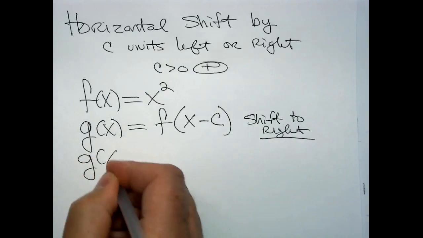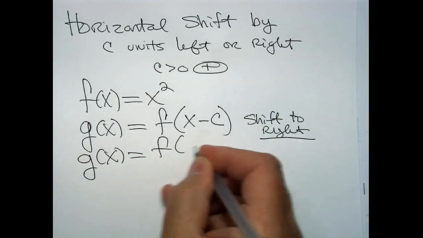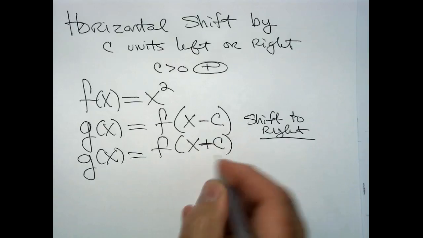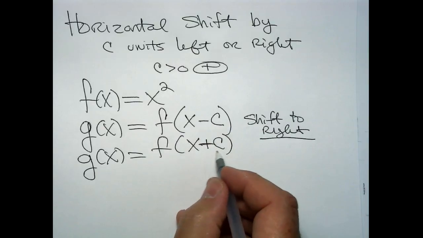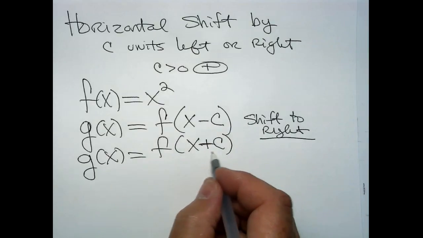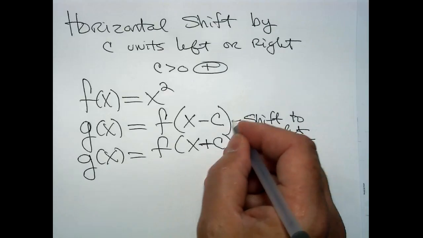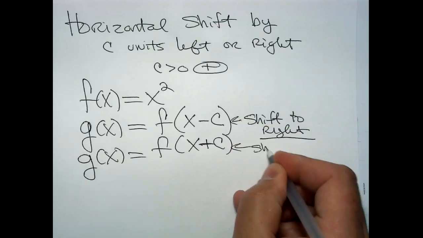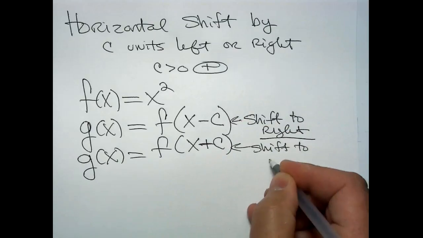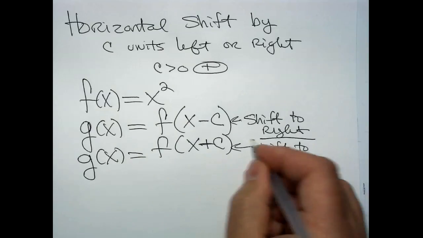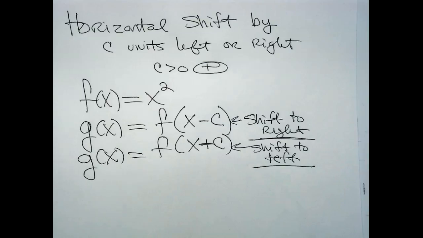But if we do this transformation with x plus C, again, it's counterintuitive because plus C, you think the positive x-axis, you would think you're pushing it to the right, where actually, in this case, you're shifting to the left. So it's opposite of what you think.